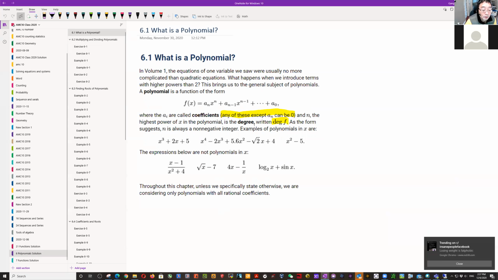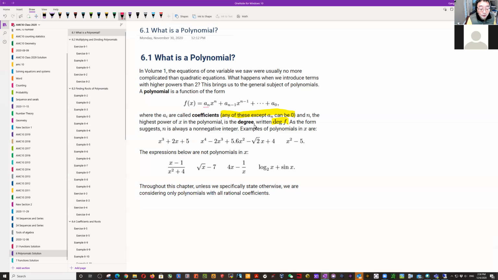Polynomials are functions of this form: a_n x to the n, plus a_(n-1) x to the n minus 1, and so on all the way to a_0.